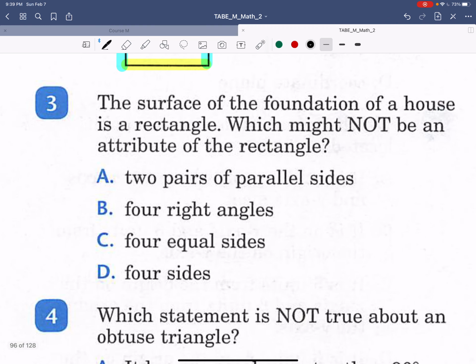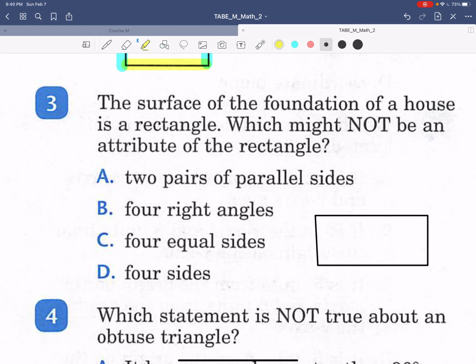Number 3. The surface of a foundation of a house is a rectangle. Which might not be an attribute of the rectangle? Now, attributes is characteristic or trait. So let's draw the foundation of the house. Something like that.